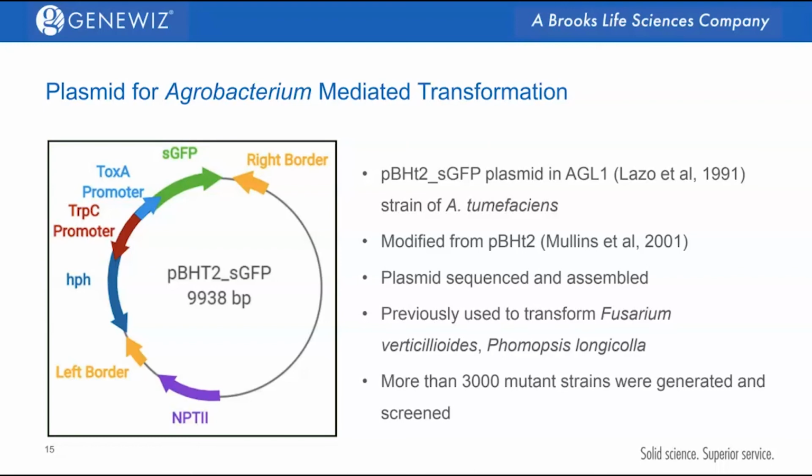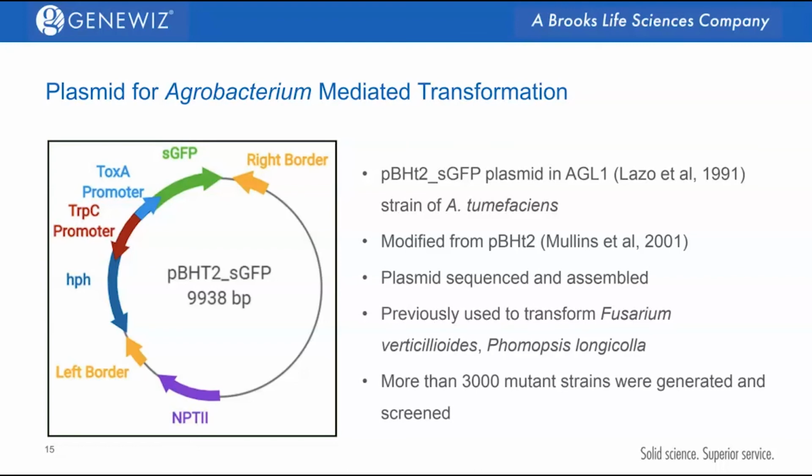You can see on the screen the plasmid map showing the GFP, the promoter, and the hygromycin phosphotransferase, the antibiotic selection, which was present within the right and the left border of the plasmid. This plasmid I used in the Agrobacterium strain AGL1, which was first used by Lazo et al. in 1991.